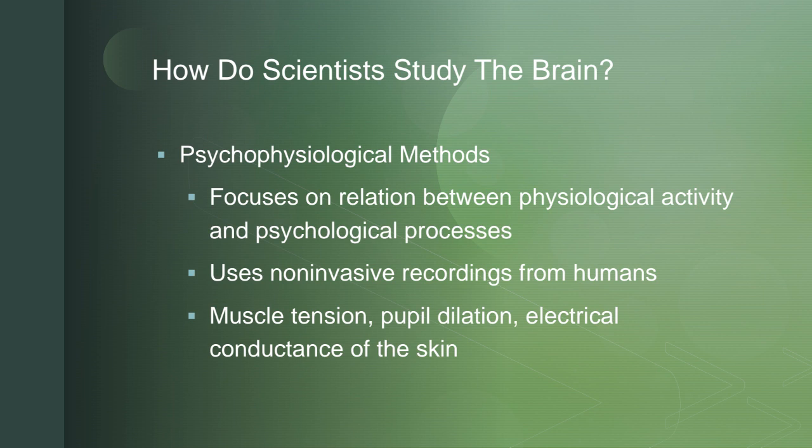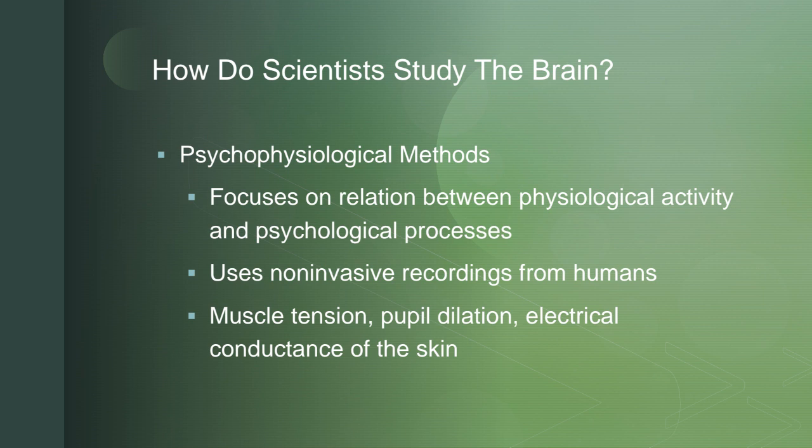And there can be a number of other things as well. So muscle tension, measuring muscle responses in your muscles, measuring pupil dilation, electrical conductance of the skin, right? This is a good one. It can be used to measure the stress response, because basically the more sweating you do, the more stressed you are.